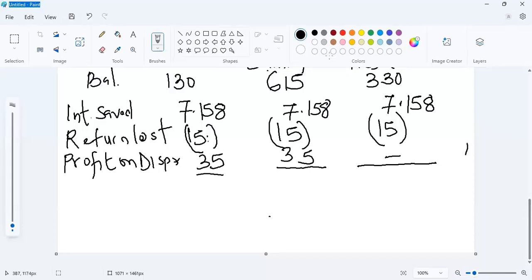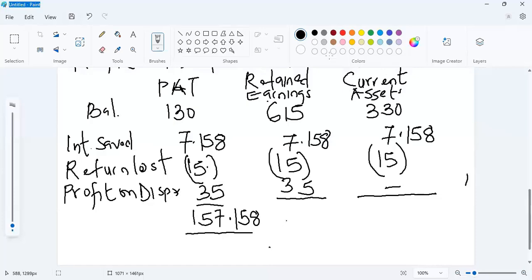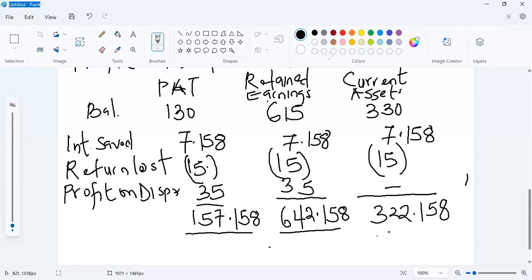It's 157.158. Thank you. Next, 642.158. Next, 322.158. Let's round up on the first whiteboard.